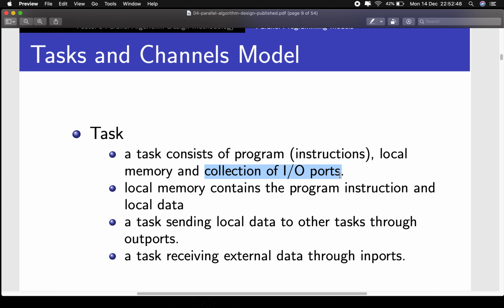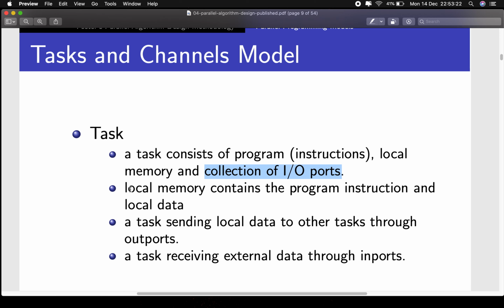You can also do this by inserting your USB pen drive, which is your input port. You give an instruction to your computer that you are inserting the USB device. Let's say there is autoplay and so on, so you instruct it to run the program. This is one example of a task.